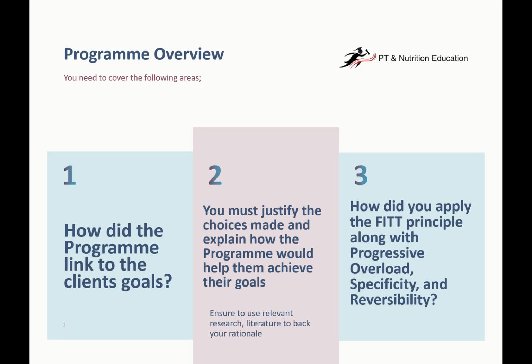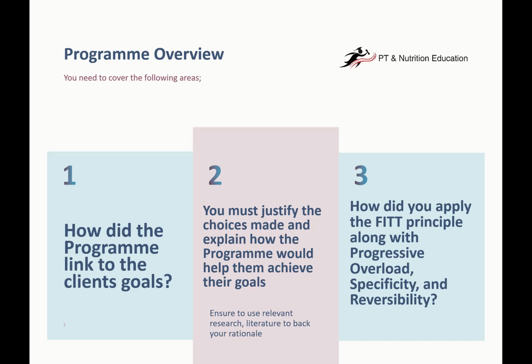So if we look at the structure of the program overview, the first point may be provided with a paragraph or two, just introducing the program that you designed for your client, and then moving on to the client goals, and then how you expected to achieve that over the 8-week period. When we move on to point 2, this is where we start to get into the specifics of how we have designed the program based on the literature that we've read, and also the justifications that we give must be referenced within your work.